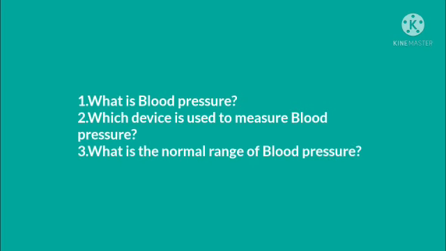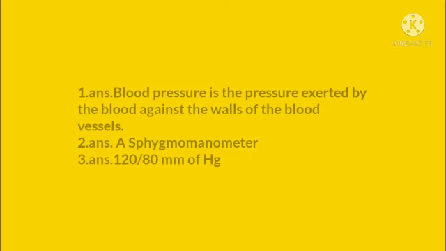Now try to answer these questions. The first question is, what is blood pressure? The second question is, which device is used to measure blood pressure? And the third question is, what is the normal range of blood pressure? Now check the answers.